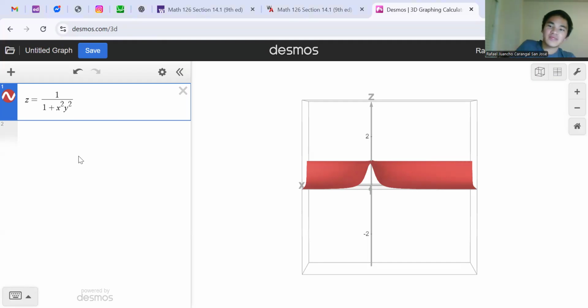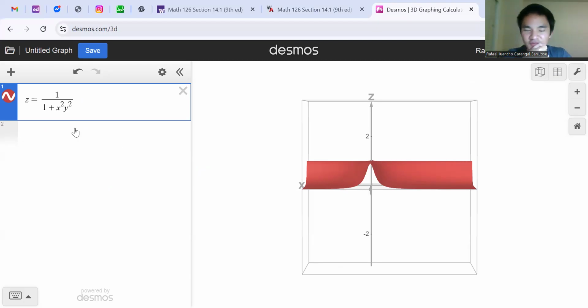Oh, now I remember. If I were to switch this up, I make it 1 plus x squared y squared equals 1 over z. Because I could do that. I could modify that. Then z should not be 0. It shouldn't be 0, right? That's why it doesn't intersect the origin in this case.